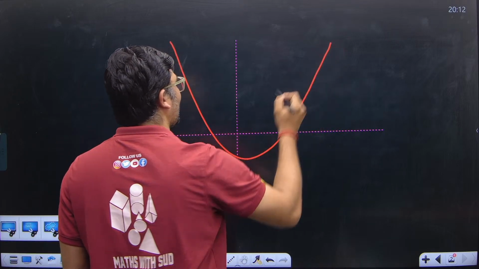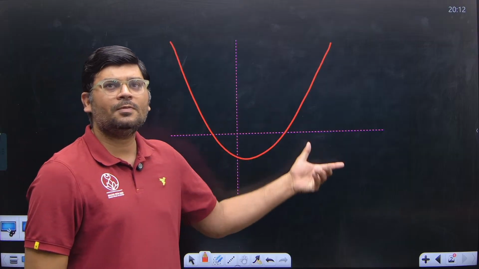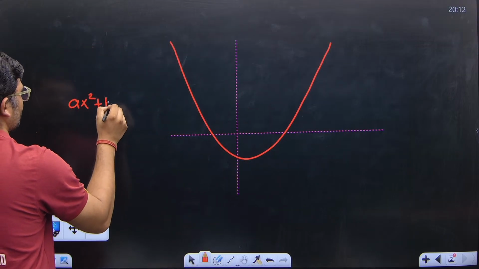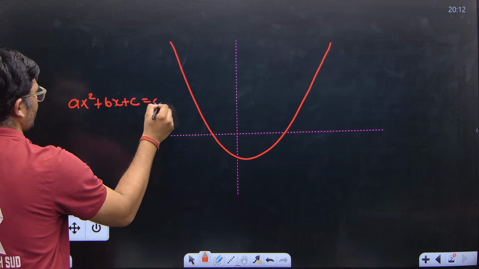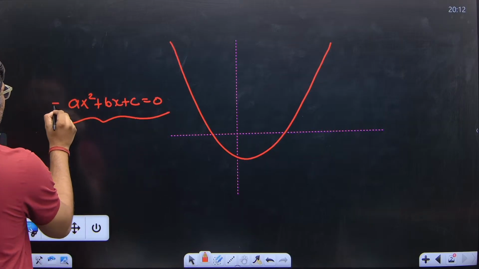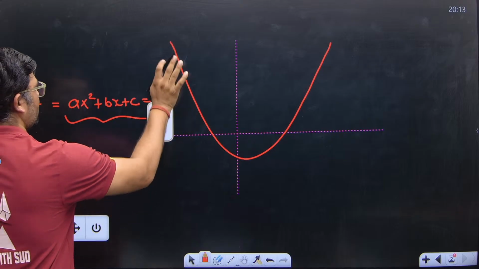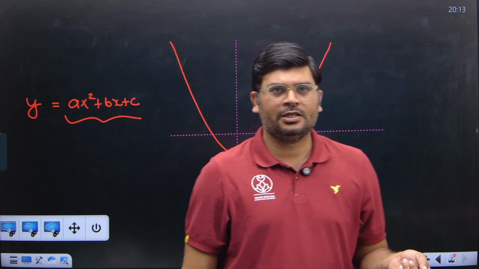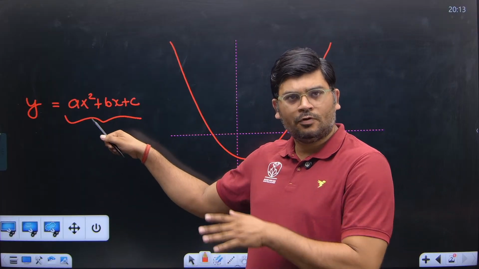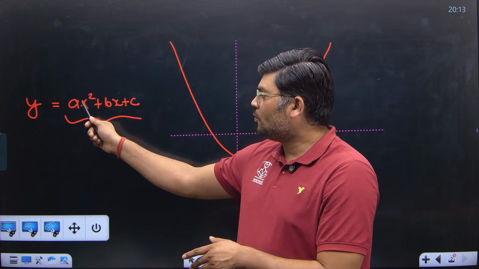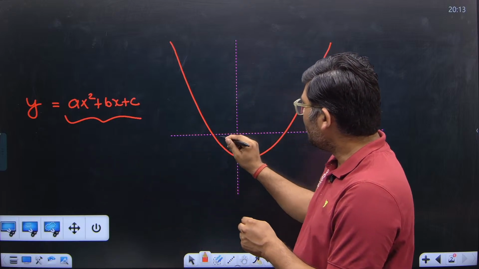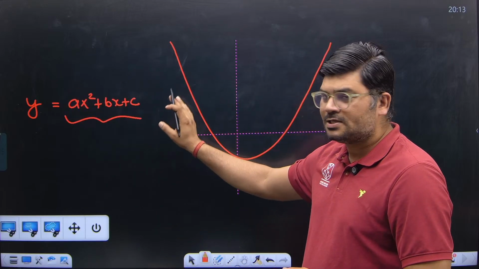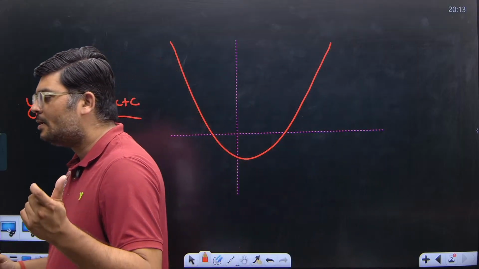The graph of a parabola is a collection of all the points which satisfy this equation, ax square plus bx plus c is equal to 0. Or you can equate this equal to y. You put in x, you will get a y. You plot a point. All these points satisfy y is equal to ax square plus bx plus c. These are the collections. So this graph is a parabola.